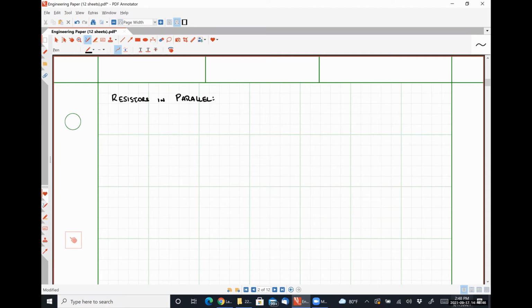All right, so a very similar situation here. I'm going to have a network full of resistors that are going to be connected in parallel this time. So I'm going to call this R1. This will be R2. And out to resistor R sub n.